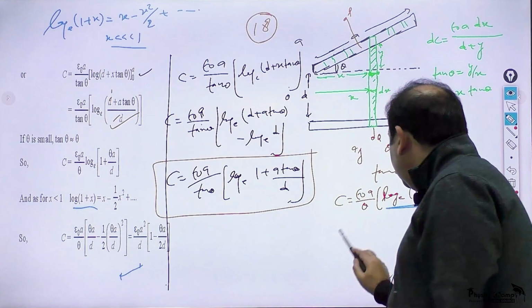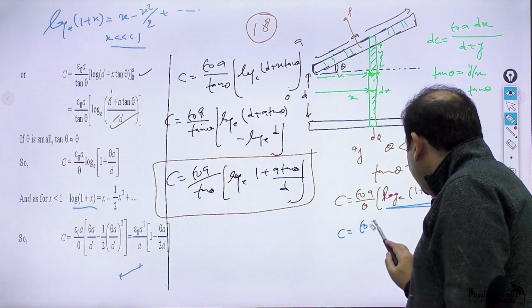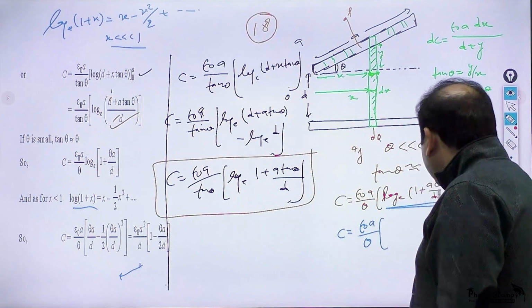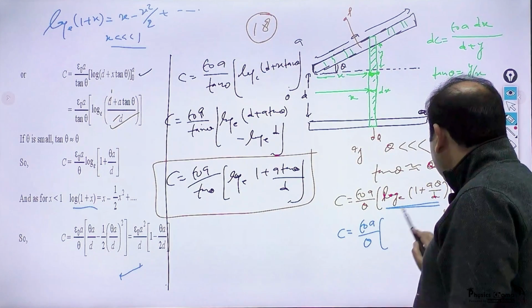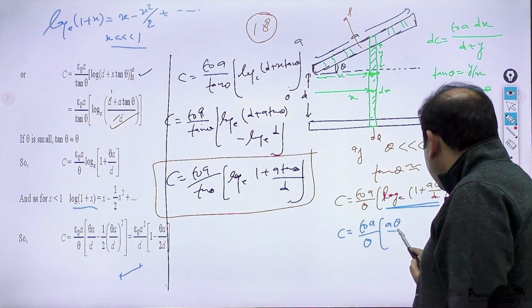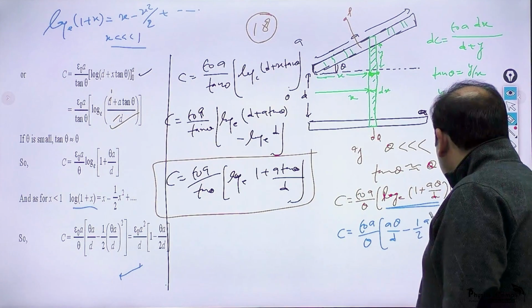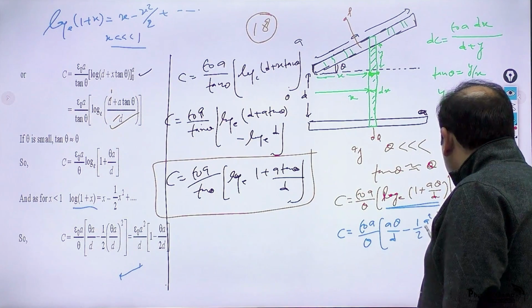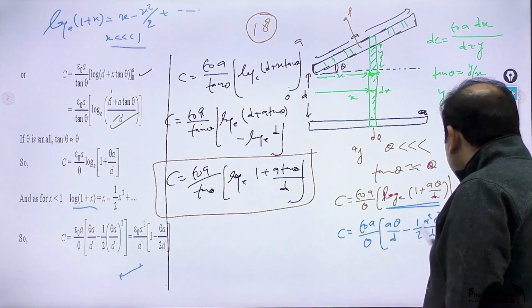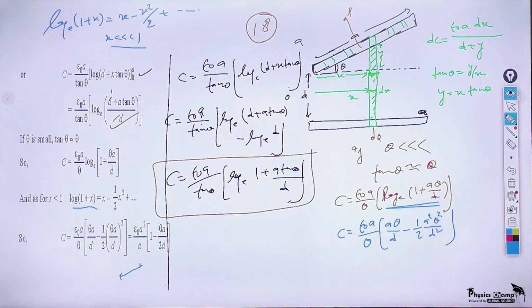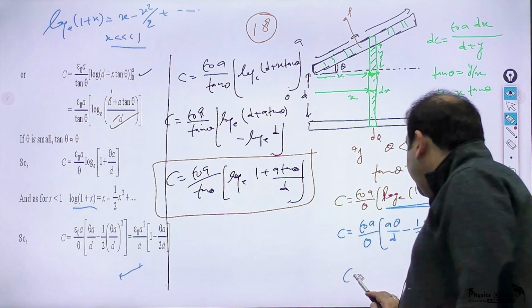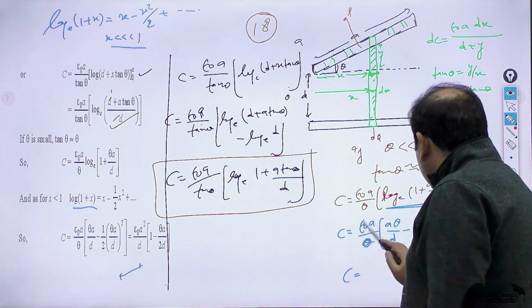So putting this value of c over here, epsilon naught a by theta, I can expand it as x, which stands for a theta by d, minus x square by 2, which stands for a square theta square by d square by 2, and neglecting the higher terms.